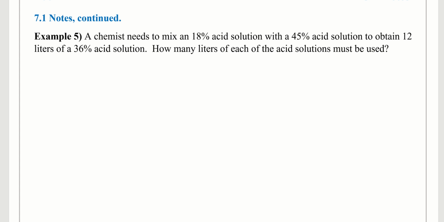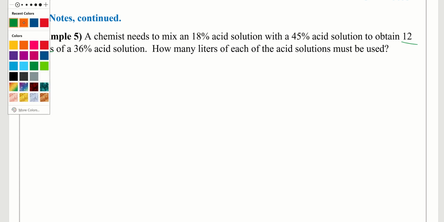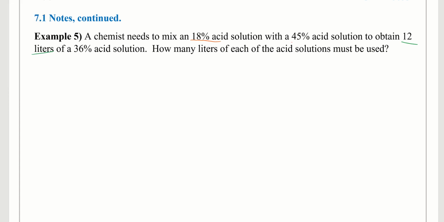So if you look, we have two different ideas going on here, right? So we have an amount because it tells me that it's 12 liters. So this is one of the ideas, liters, and the other idea is percentage.